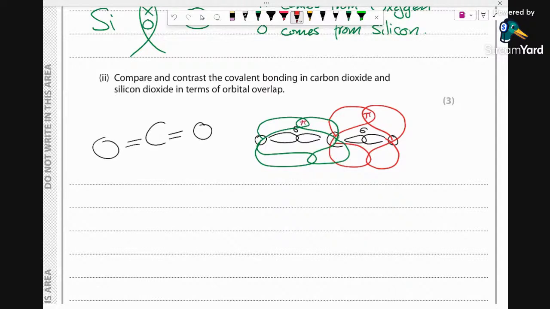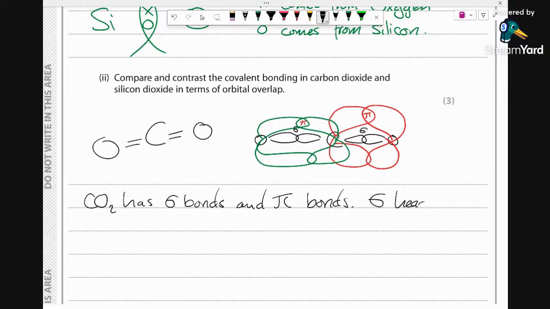So we've got, and these are pi bonds. I'm drawing the pictures of them. Pi. Yep. So carbon dioxide, CO2, has sigma bonds and pi bonds. Sigma: head-on overlap of orbitals.